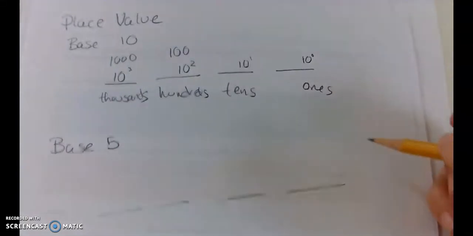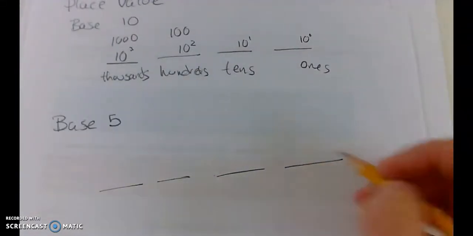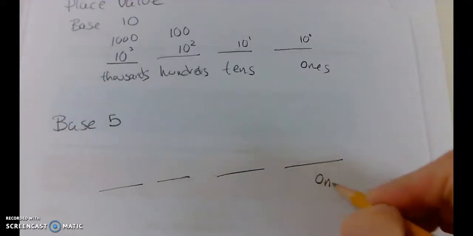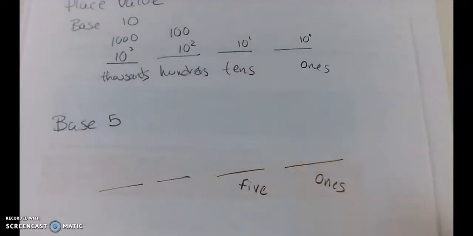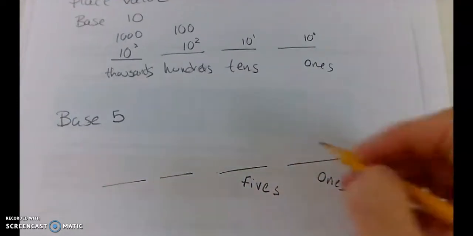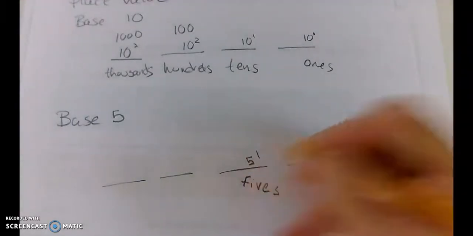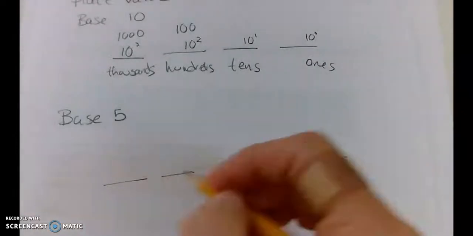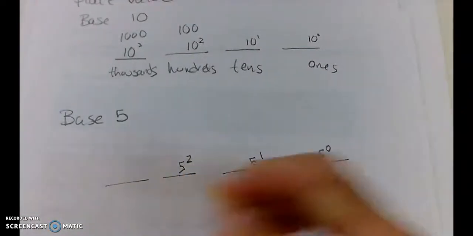So moving to base 5, it would be powers of 5. So it would really be my ones. Now instead of a 10 here, I have 5 units here. My 5s. And again, this would be 5 to the 0. This would be 5 to the 1. And this would be 5 to the 2, which is 25s.